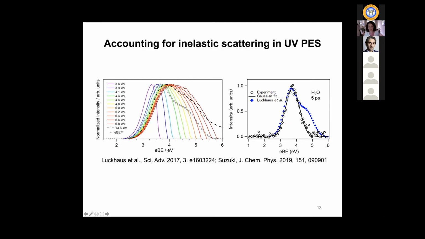Ruth Signorelle did some Monte Carlo simulations to try and retrieve the true photoelectron spectrum from these UV measurements and produce this blue curve, which has a peak around 3.7 eV. And Toshinori Suzuki has made analogous measurements using EUV photons, where inelastic scattering is almost insignificant, and the peak of these two measurements is in roughly the same place.